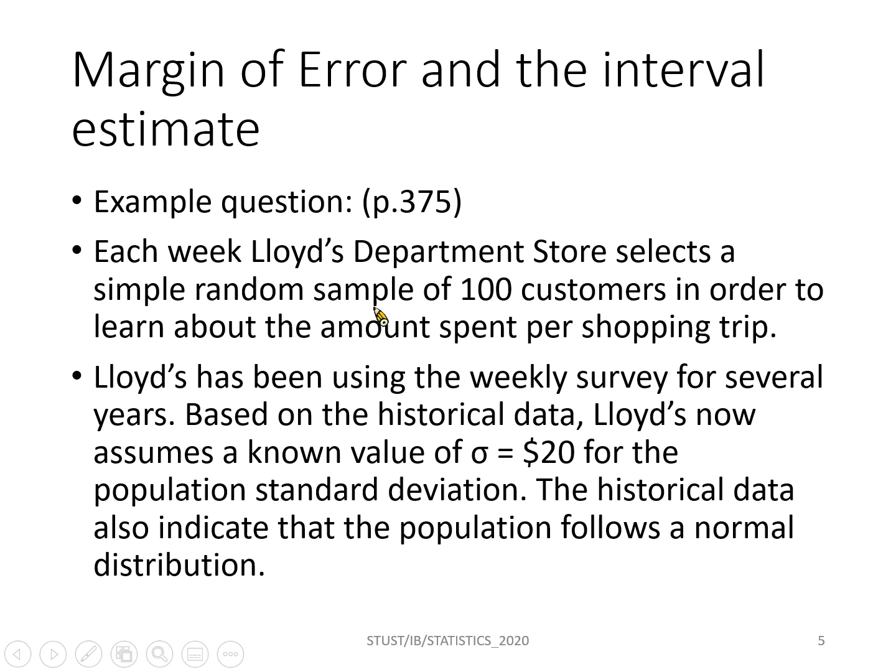Based on historical data, the department store assumes a known value for the population standard deviation, which is USD 20. The historical data also indicate the population follows a normal distribution.